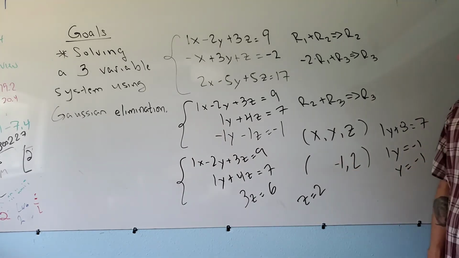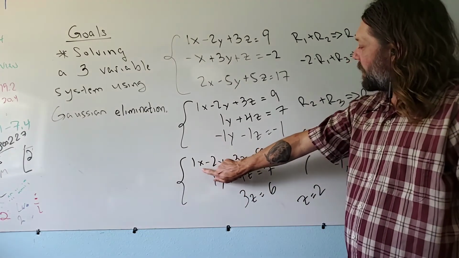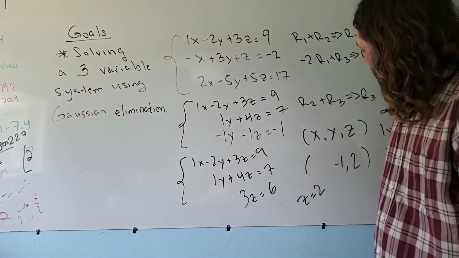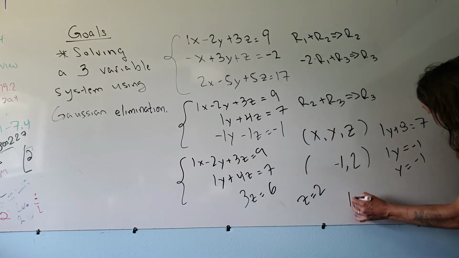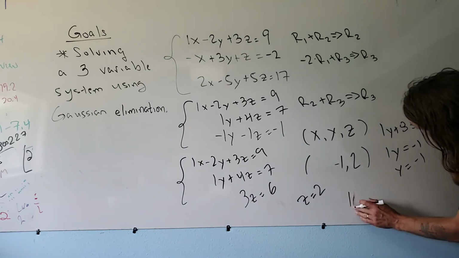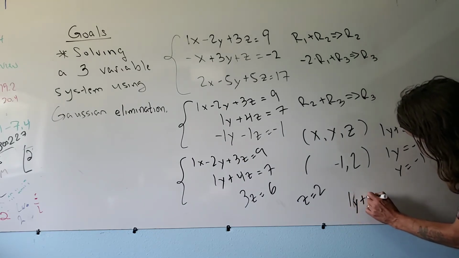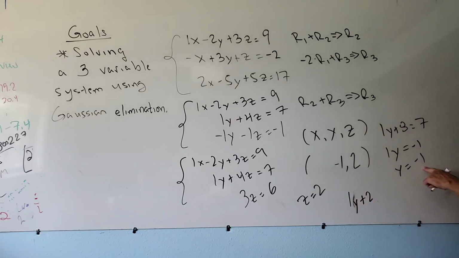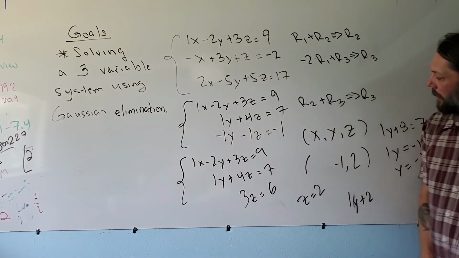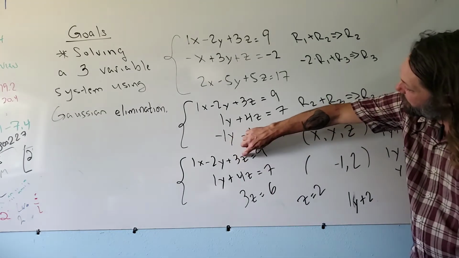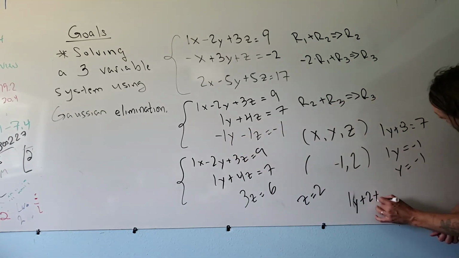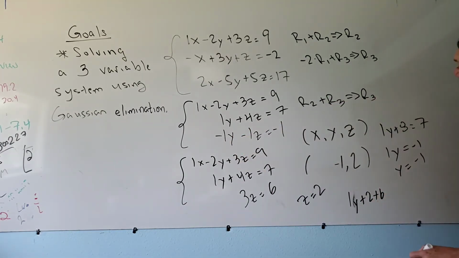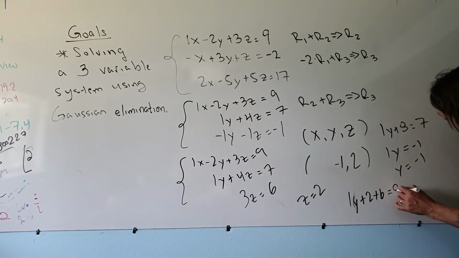Alright, so let's see here. Let's look at this guy. 1x minus 2 times minus 1. This becomes 1x plus 2, remember, because a negative makes this a positive, right? And then plus 3 times 2, that becomes 6, so plus 6. And that's equal to 9.